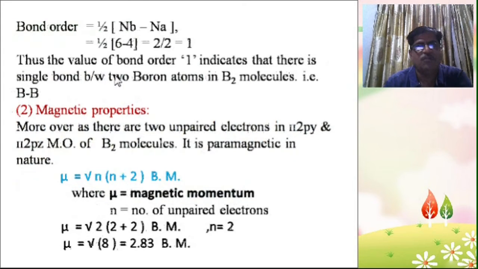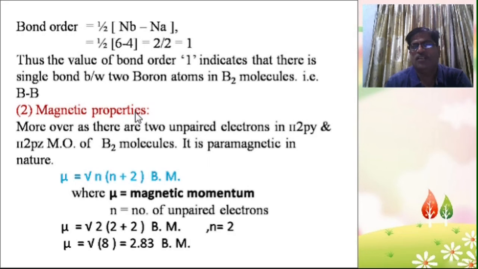So what is the bond order of the B2 molecule? In Nb there are 6 electrons, and in Na there are 4 electrons. So 2 by 2 is equal to 1. Thus the bond order value of 1 indicates that there is a sigma bond between the two boron atoms in the B2 molecule. It is boron single bond boron.